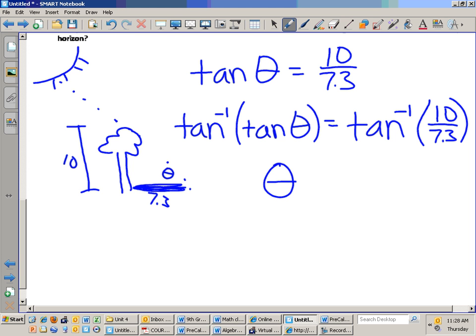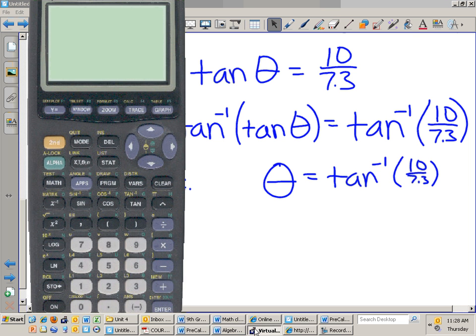Now, a lot of people said, well, Mr. Gantz, tangent inverse, that's just cotangent, isn't it? No, this doesn't mean 1 over tangent. It doesn't mean the reciprocal of tangent. It's not tangent to the negative 1 power. It means inverse operation. It means to go from a decimal to an angle. So theta equals the tangent inverse of 10 over 7.3. And if you look on your calculator, you have this handy-dandy button right above tangent.